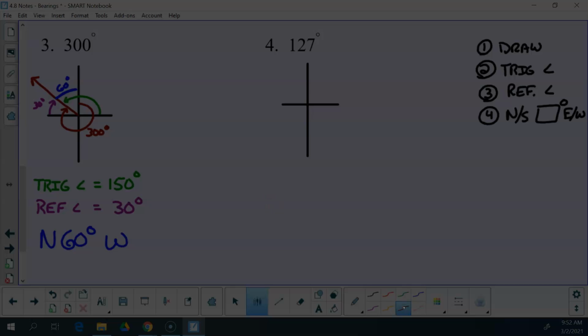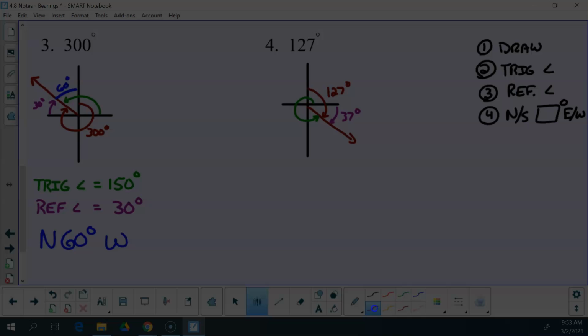127 degrees would be down in this general area here. My trig angle would come all the way around to there. So that gives me this angle here is 37 degrees.